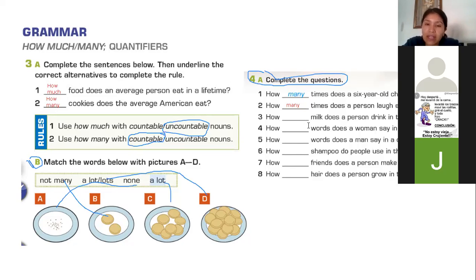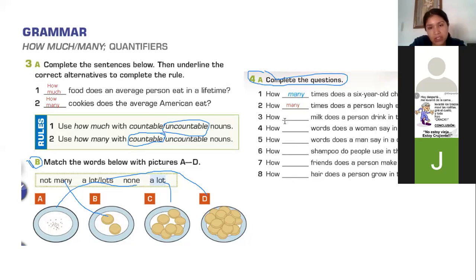¿Ok? Number three. Fernanda, can you read number three, please? Toda completa. Please. How many does a person drink in their lifetime? How many? Can you count milk? How much?